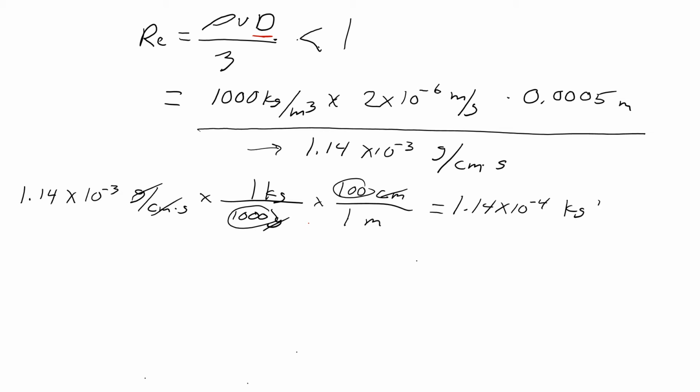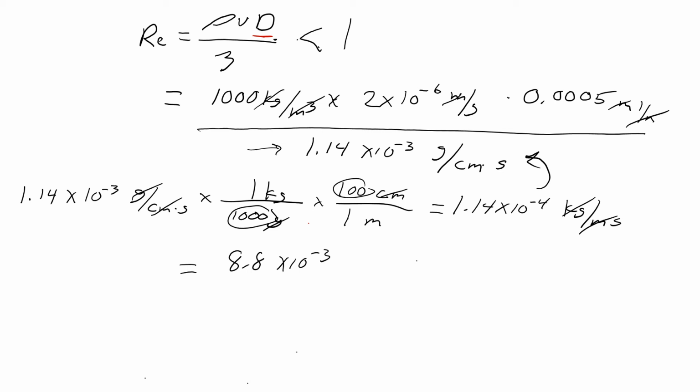And now we have a new unit, kilogram per meter per second. So if we plug that in here and do our math, we end up with an answer that is 8.8 times 10 to the minus 3. Remember, with Reynolds number, all the units cancel out. We have a kilogram here, it'll cancel out with that. Meters cubed here, meters 2, meters 1, so we have a per meter up here.